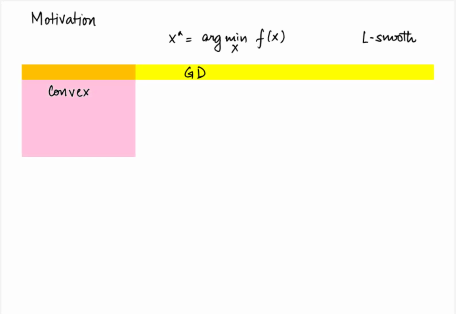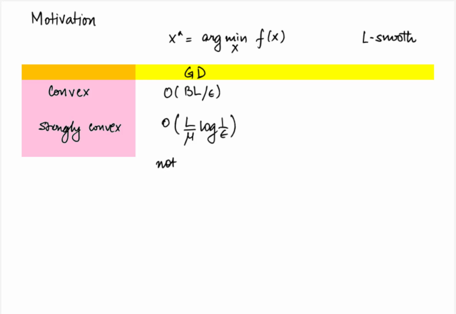For the convex case, the oracle complexity is order BL by epsilon, and for the strongly convex case, the oracle complexity is order L over mu log 1 over epsilon. However, it turns out that gradient descent is not the best algorithm for these two settings.